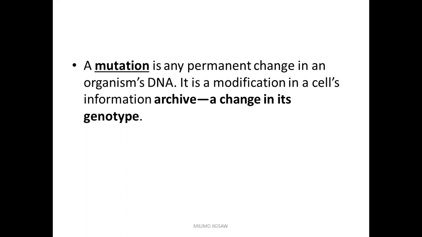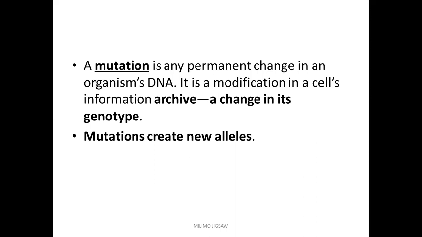What is visible is a phenotype. We have the genotype, which is modified in a case of mutation. So it means that mutations are going to create new alleles, and we're going to learn more about alleles when we start looking at genetics, I think after 2 or 3 lessons from now.